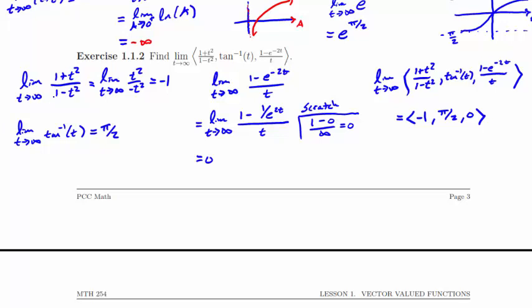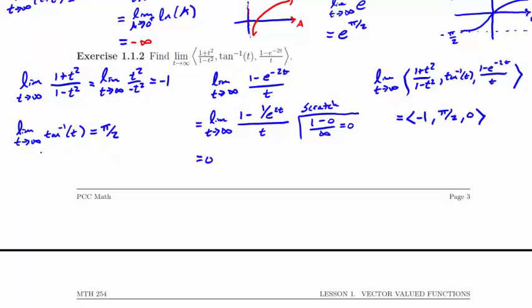Here, as I take this limit, since t is going to infinity, the ones on the top and bottom are not really doing anything for the overall ratio. As t goes to infinity, these constant values are doing essentially nothing. So we just drop them. So this equals the limit as t goes to infinity of t squared over negative t squared. The t squareds cancel, and we get that this limit equals negative 1.